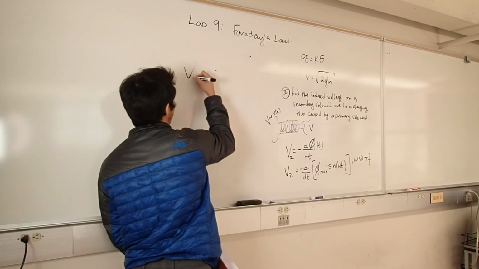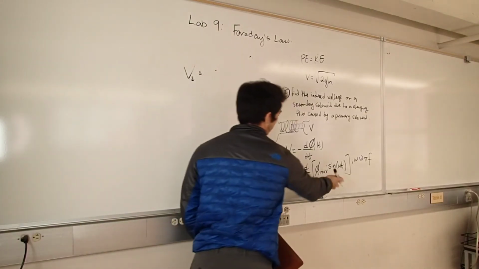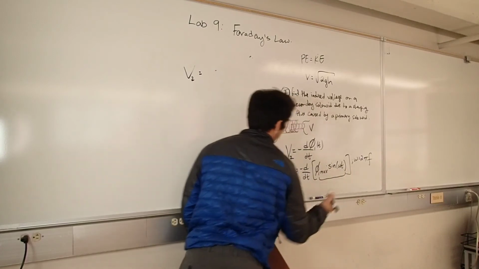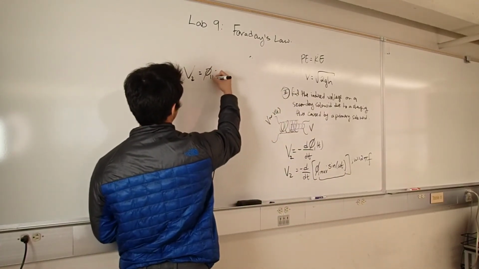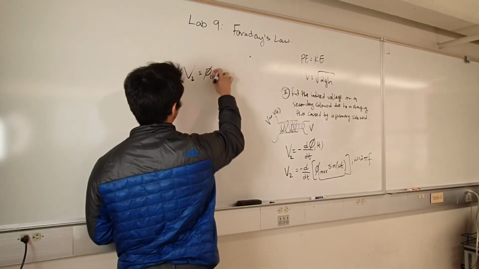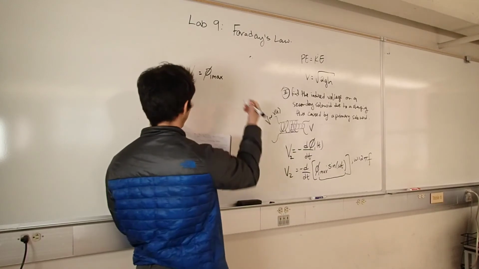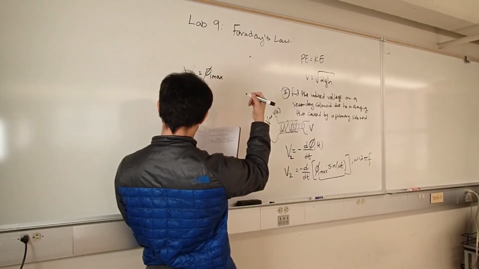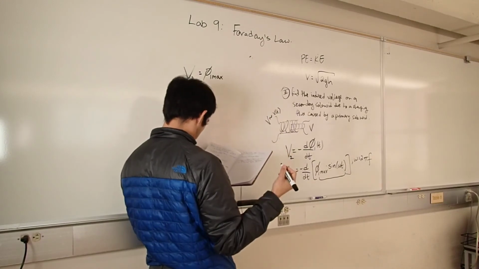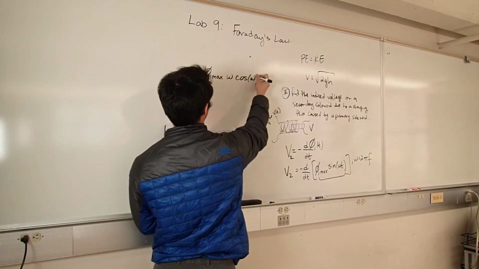Then to find the voltage induced in the second solenoid, we just take the time derivative of this expression. Φ max is independent of time, so it comes outside the derivative. The time derivative of sin(ωt) is just ω cos(ωt).